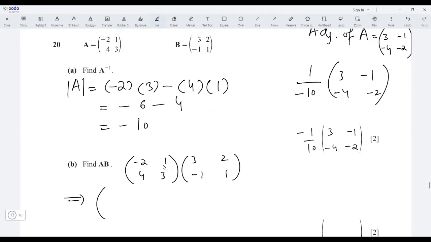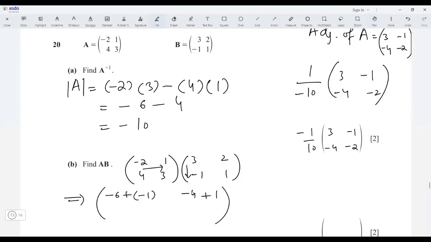So -2 times 3 is -6, and you have to add 1 times -1. Similarly, go to the next column. So -2 times 2 is -4, and 1 times 1 is 1. We have to add them.